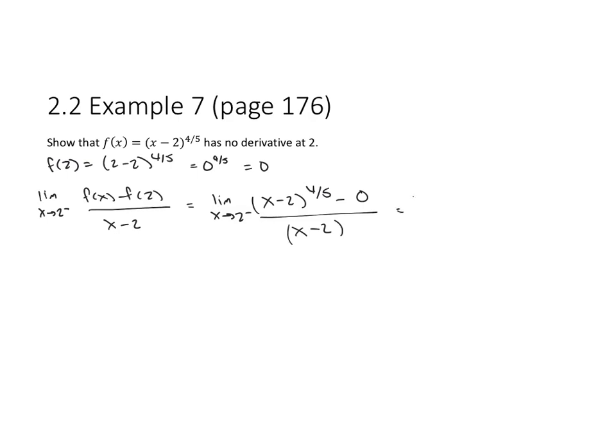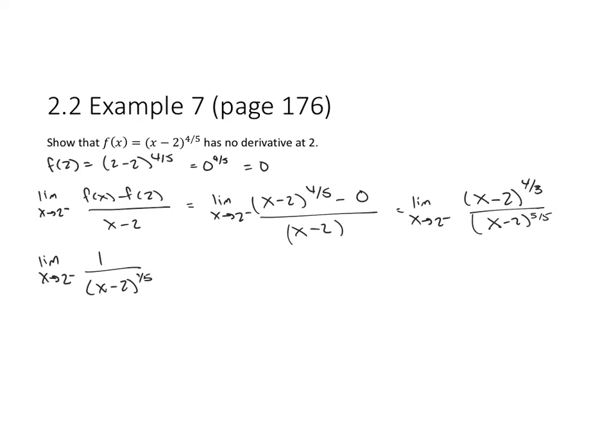Now, I have an (x minus 2) in the numerator and the denominator. The denominator is to the first, or I can think about it as to the 5/5, and the numerator is to the 4/5. So when I subtract my exponents, I'm left with a 1/5 in the denominator. So the limit as x goes to 2 from the left of 1 over (x minus 2) to the 1/5.